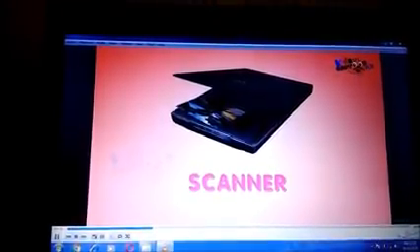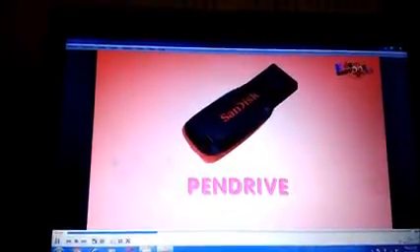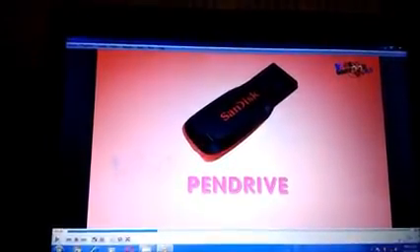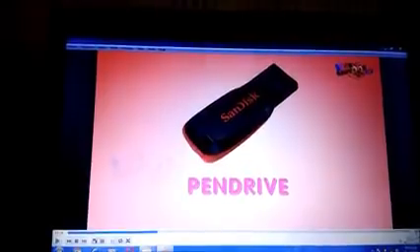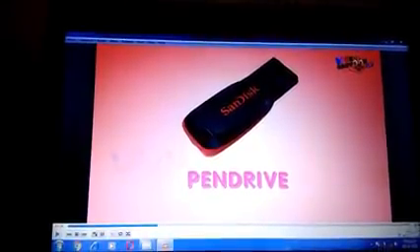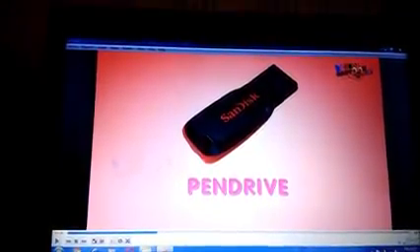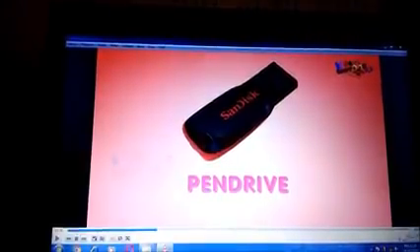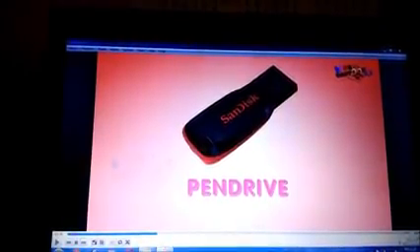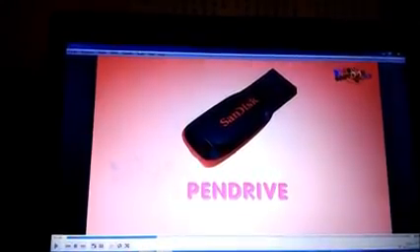The next component comes the pen drive. Pen drive or USB flash drive is a data storage device. It is typically a removable and rewritable one. A variety of pen drives are available in the market.